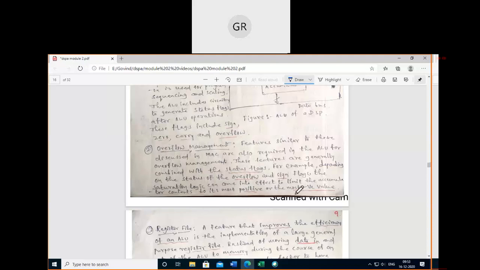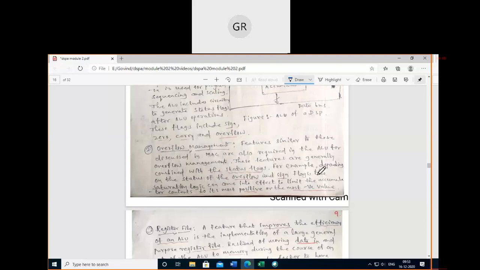Overflow management we already discussed in the MAC unit. Features similar to those discussed in the MAC are also required in the ALU for overflow management. These features are generally combined with the status flags.